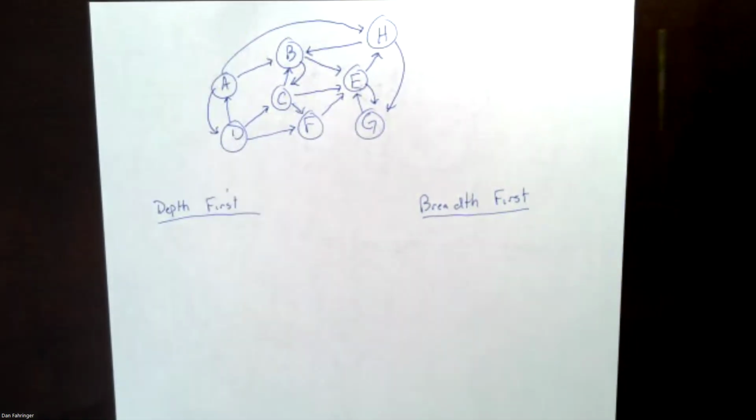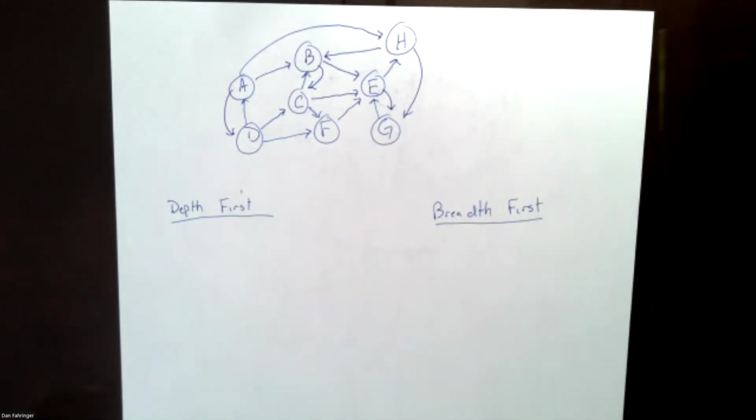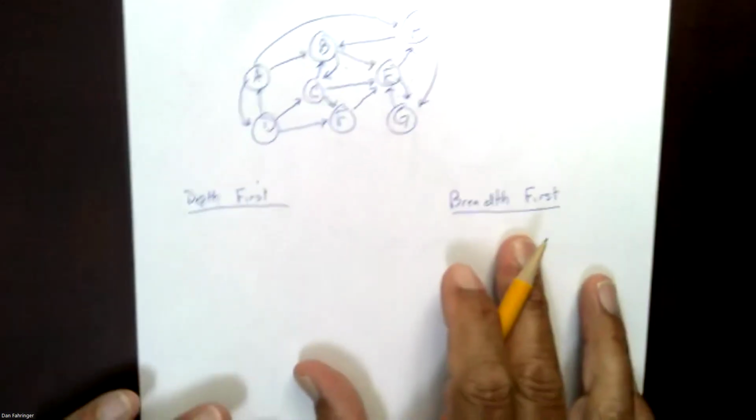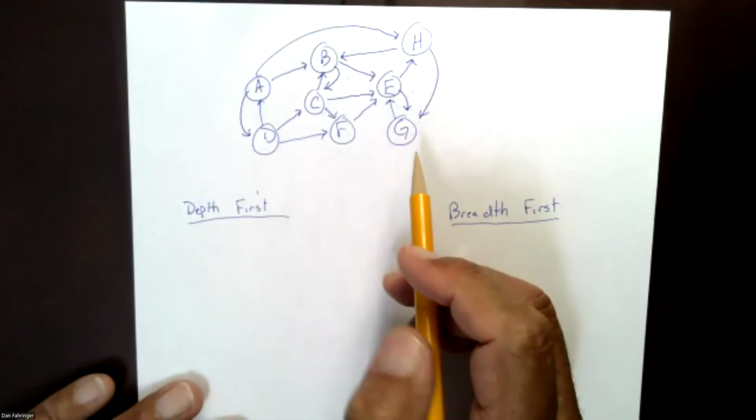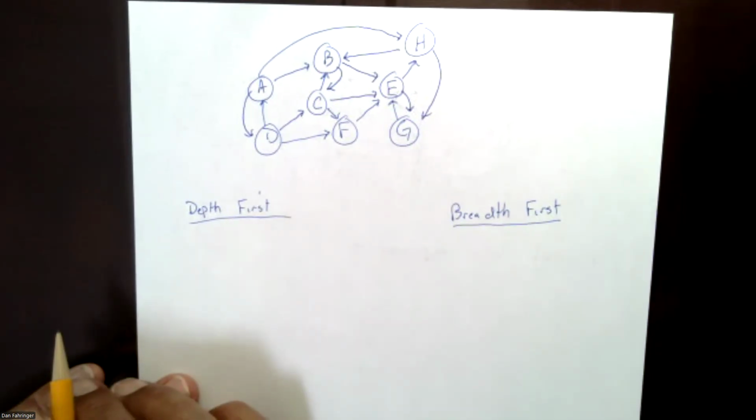Okay. So what node would you like to start at? Go on. Participation sport today, folks. G. Okay. So we're going to start at G and say, where can I get to from G by doing depth first?